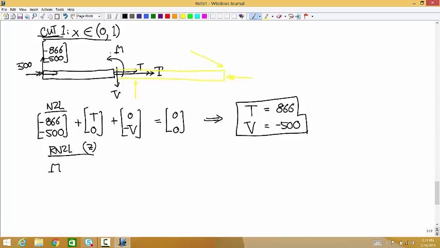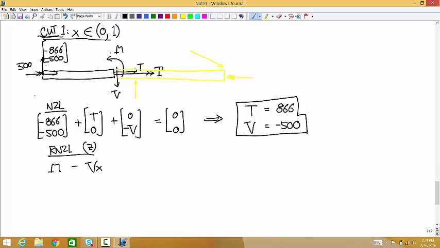And then V does. What's the moment arm for V? X. And is that a clockwise or counterclockwise rotation? Clockwise, so that's minus. Now what about T? Does that produce a moment about Z? No, because its line of action goes right through the about point.